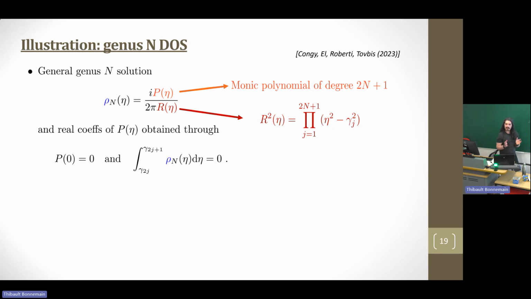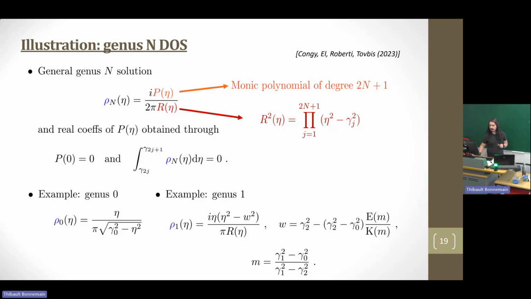So in general, this can be a bit tricky to do, right? It's made easier by the fact that this also implies that the zeros of the polynomial P are all within the gaps. So you have 1 zero per gap. So this helps. In general, it can be a bit complicated to do.